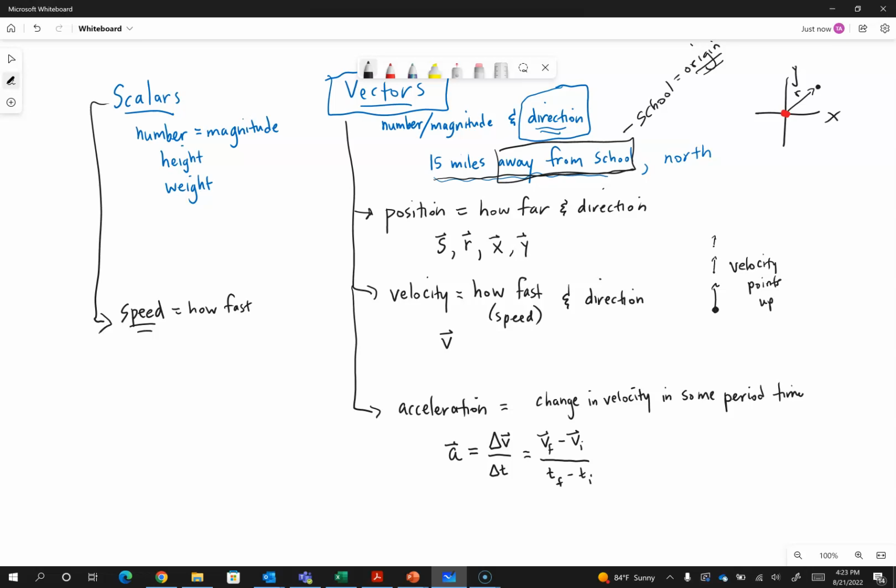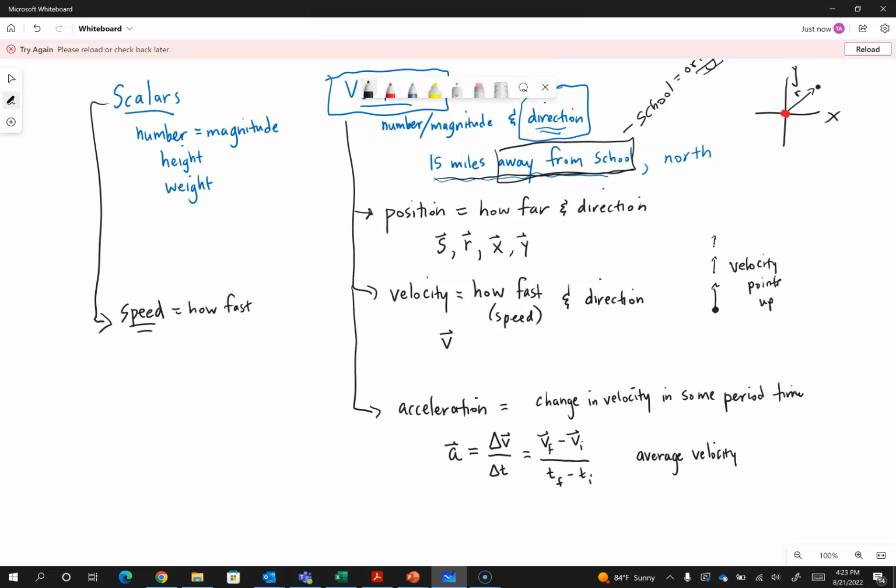This technically would give us our average acceleration, which is fine. Now, we don't have a separate word for acceleration if we're just talking a magnitude of acceleration. For example, you may all, or some of you may know, the acceleration of gravity.